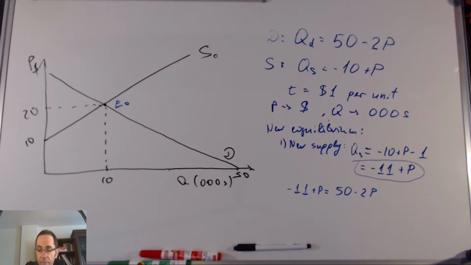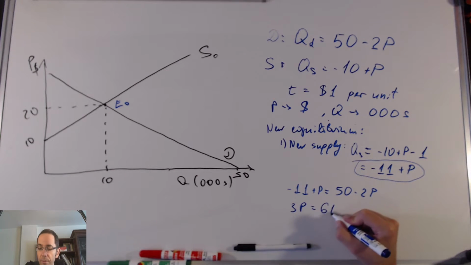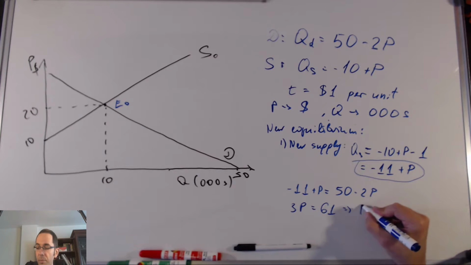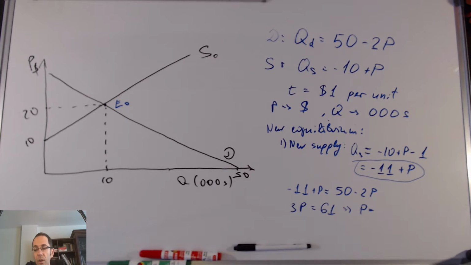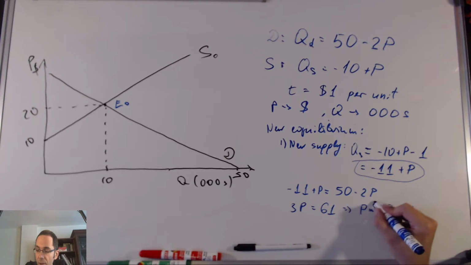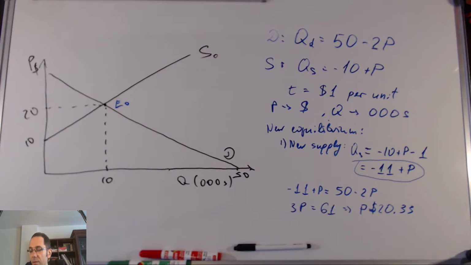And if we solve for P, we'll get that 3P is equal to 61. And from here we can see that P would be equal to 61 divided by 3, that would be $20.33. Okay, so this is the new price.